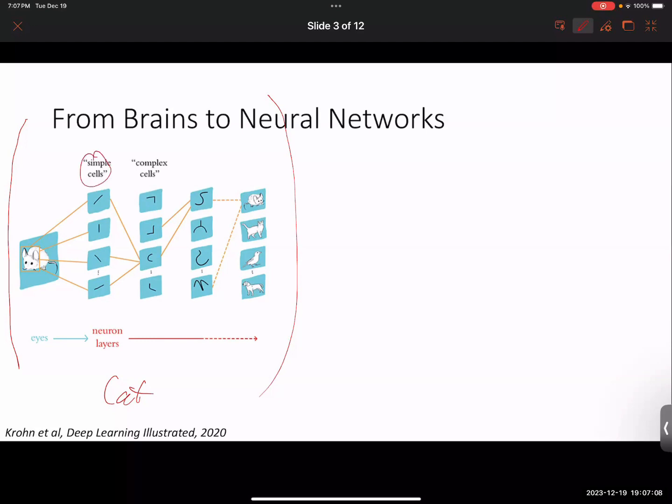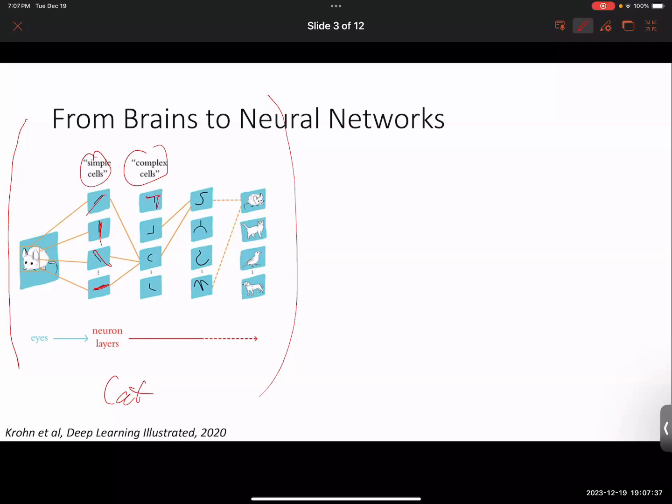The first layer of neurons is very sensitive to simple geometric shapes, like vertical, horizontal, diagonal, different angles, all those simple geometric features. The second layer then reacts to combinations of those simple features.